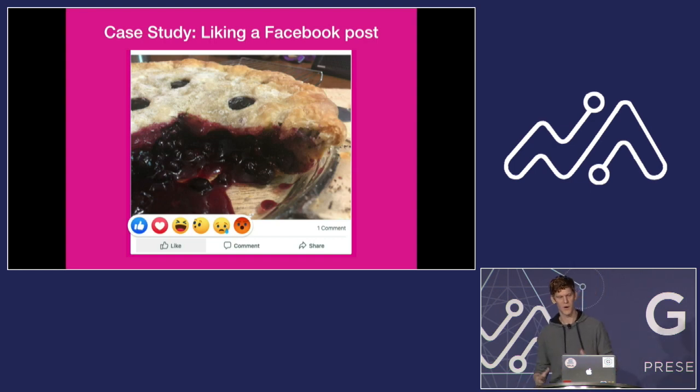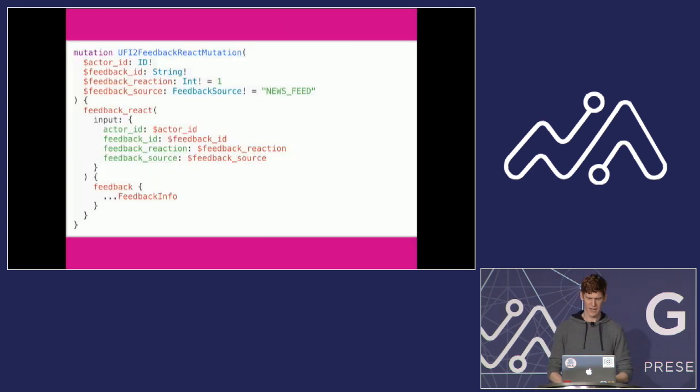So you open up GraphiQL, you inspect the mutation type, you search for like, and you don't find anything. What's going on? So I clicked the like button on Facebook.com, inspected the request, and pieced together about what the query that goes to the Facebook server looks like.